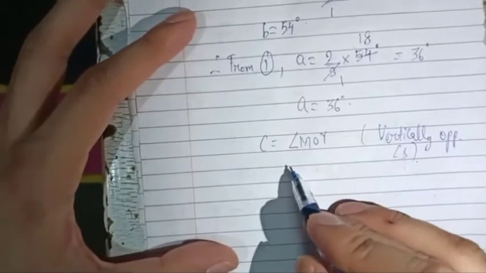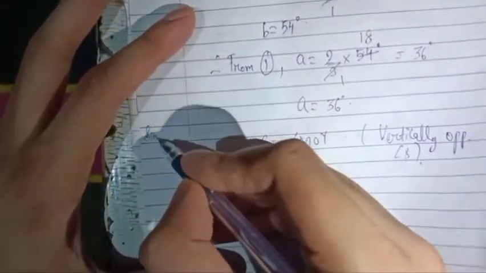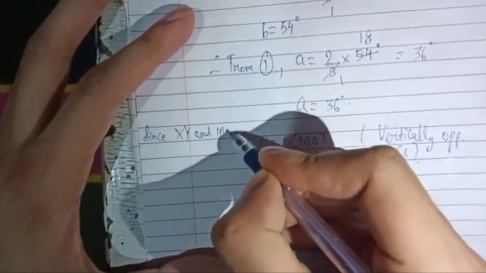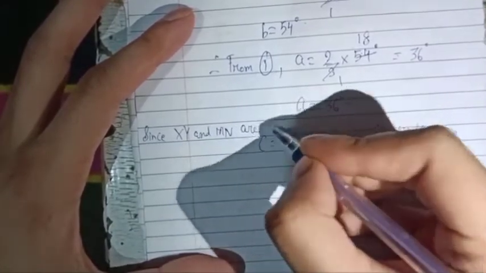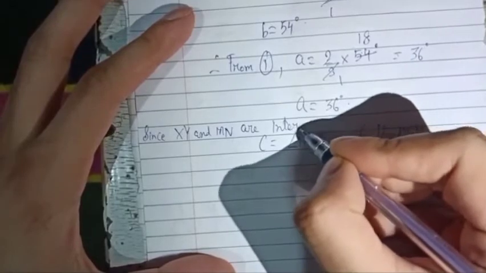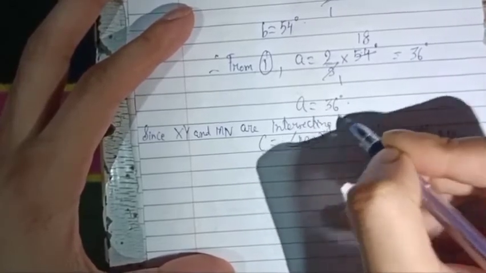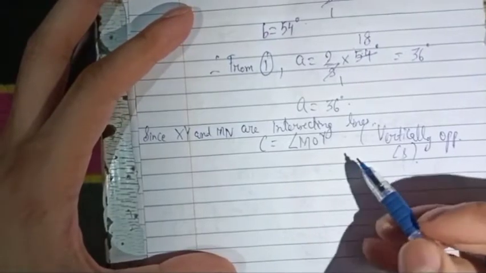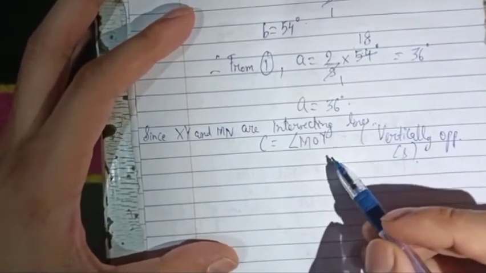Before writing this, you can write here, since XY and MN are intersecting lines, so C will be equal to angle MOY.